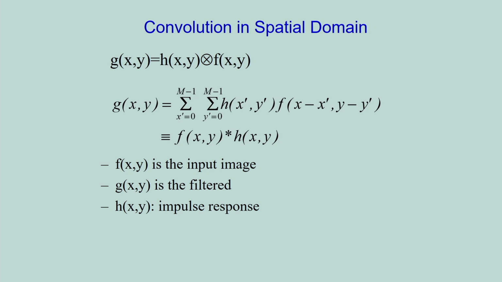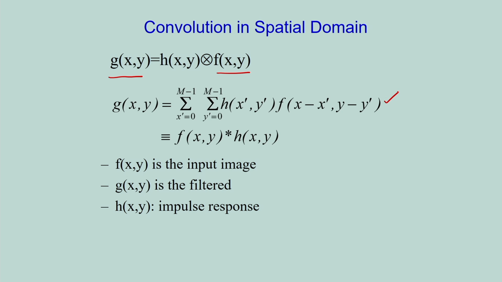Now, you can see the convolution operation in the spatial domain can be represented like this. So, g(x,y) is the output image. Suppose my input image is f(x,y). I am doing the convolution of f(x,y) with h(x,y). In this case, g(x,y) is the output image, f(x,y) is the input image, and I am considering the convolution of the input image with h(x,y).